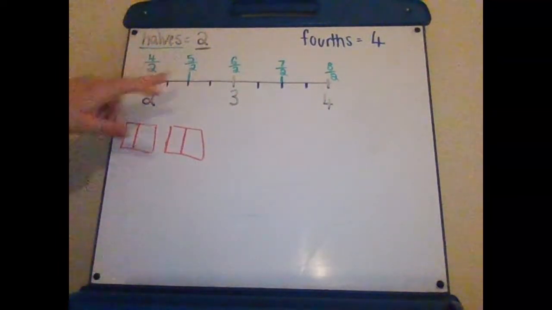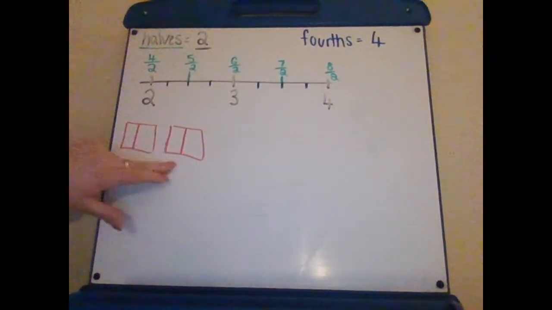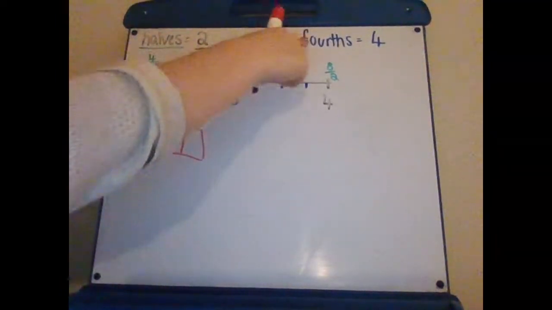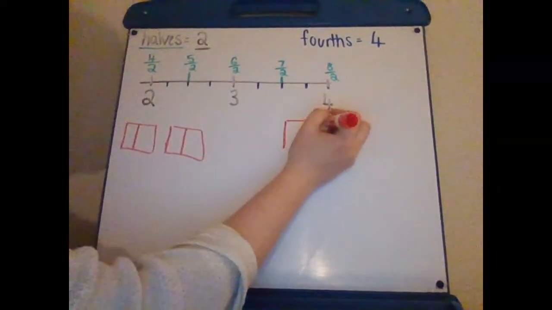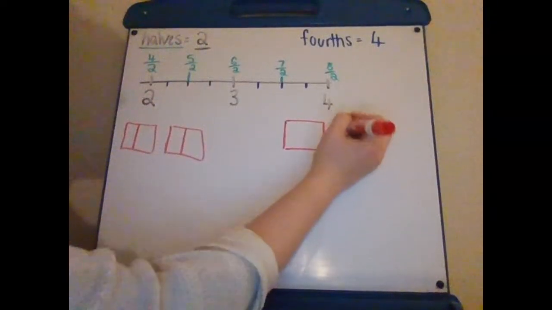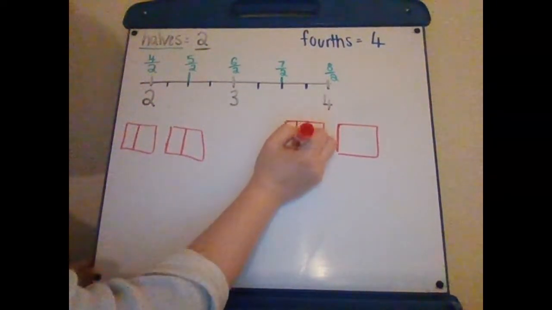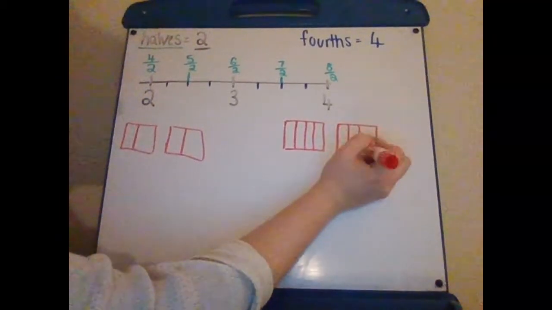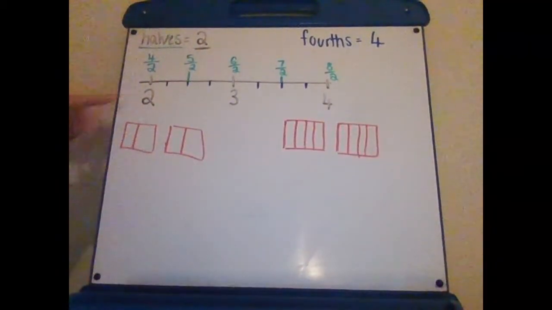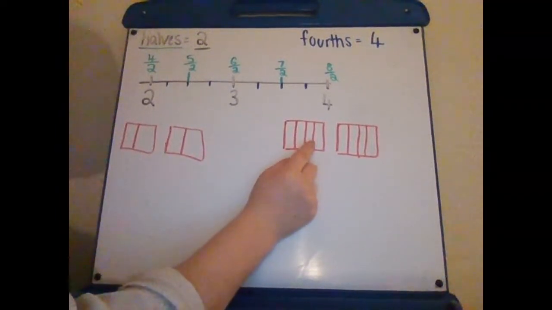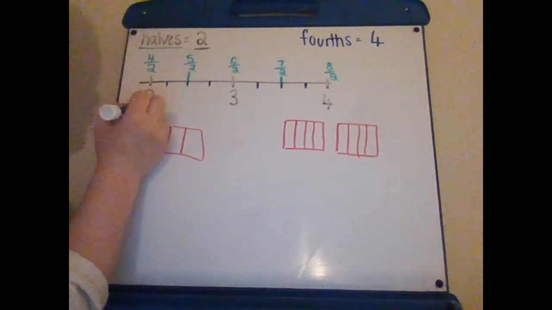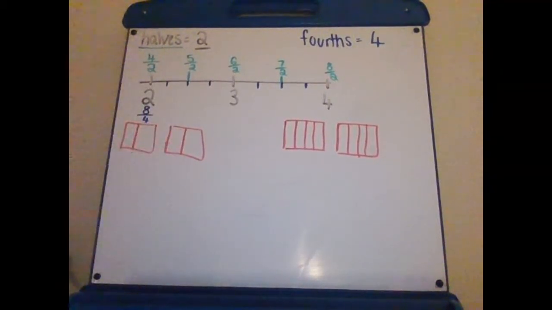Let's have a look at how I can label my fourths. Same thing. What is 2 wholes equivalent to in fourths? I get my 2 wholes and I split them into fourths. So 2 in fourths is equivalent to 1, 2, 3, 4, 5, 6, 7, 8. It's equivalent to 8 fourths.